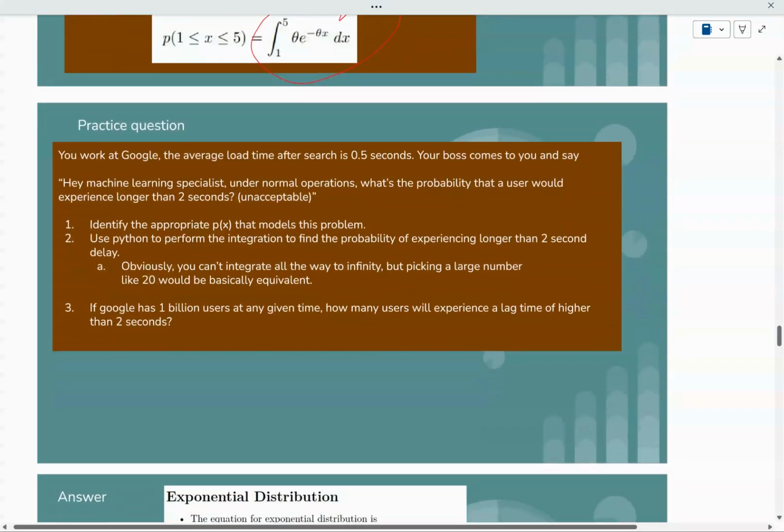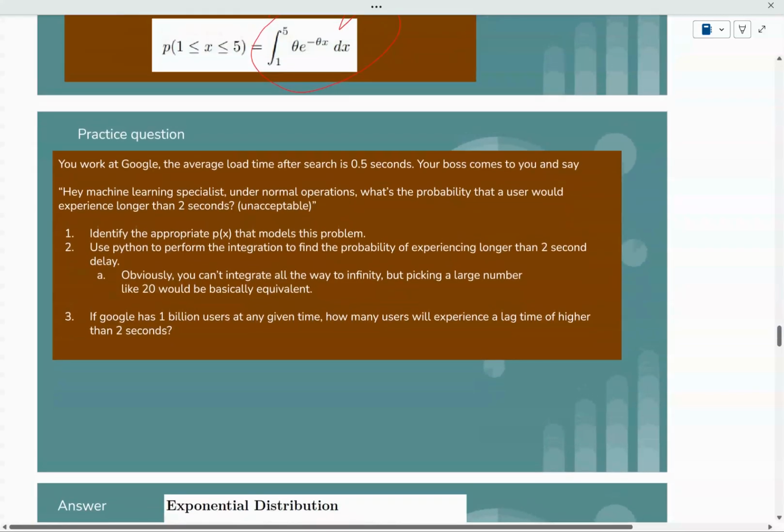Right, here's the next question. At work, at Google, the average load time for search is roughly half a second. And your boss comes and says, hey, machine learning guy, under normal operation, what is the probability that a user will experience longer than 2 seconds?